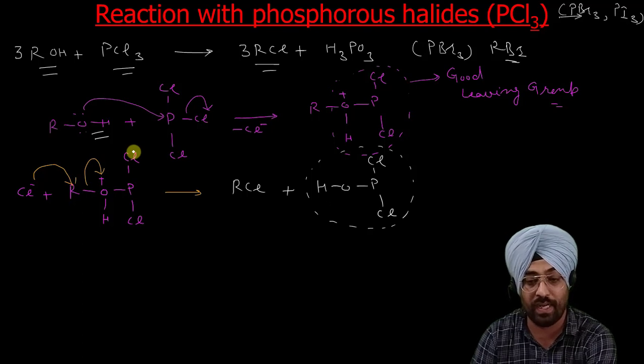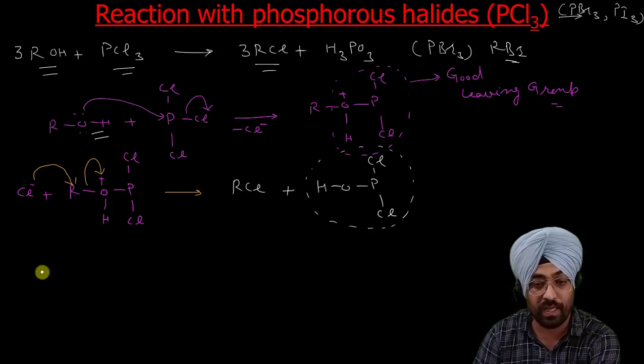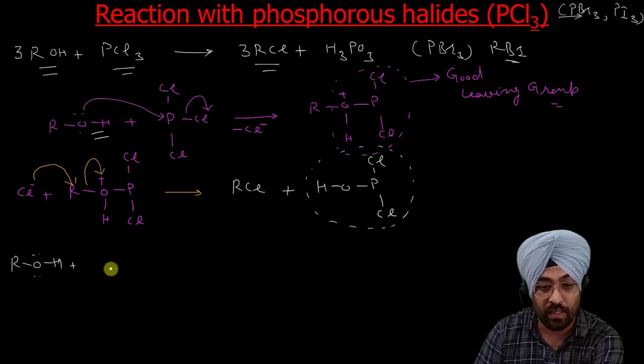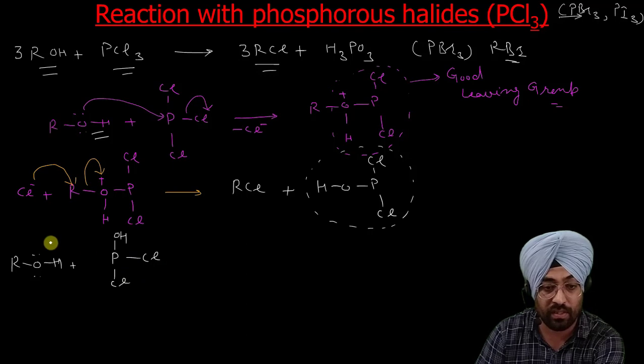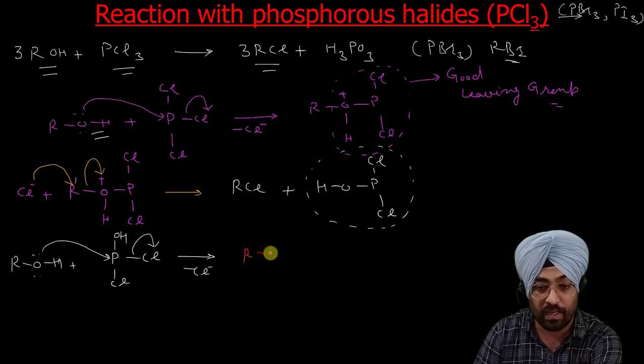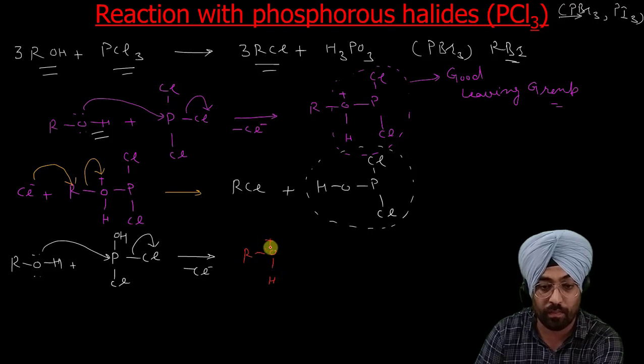Now this HOPCl2 can further react with another molecule of ROH. So let us try to write that reaction. Similarly, we can write ROH plus POHCl2. Now this will attack here, so minus Cl negative, what you get is ROH positive POHCl.